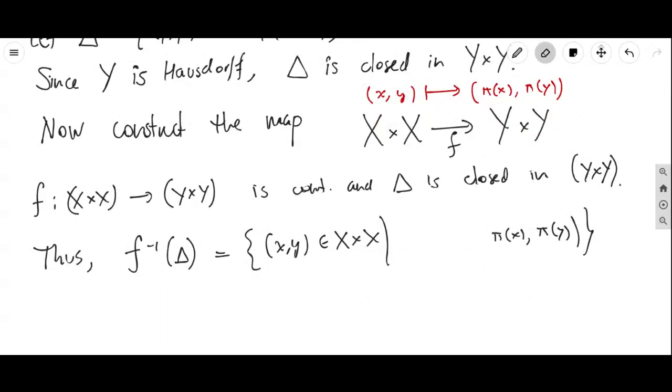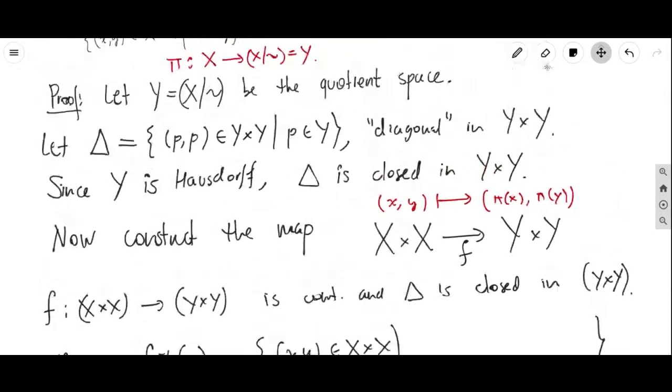Sorry about that, that makes no sense. So delta is the set of points where both coordinates are the same.